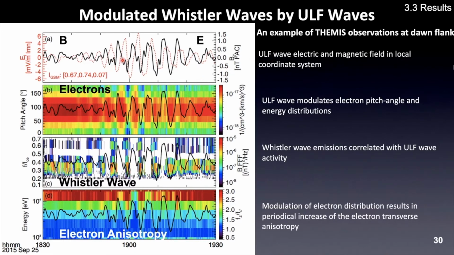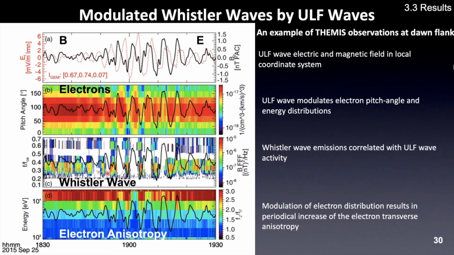In the presence of the ULF waves, we can see, interestingly, the electron distributions in this panel are also modulated by these ULF waves. The black line is just the same as this one for the ULF waves. We see that the electron anisotropy, which is what we call this specific distribution of these electrons, is also modulated by the ULF waves.